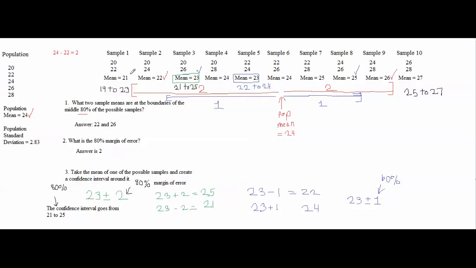Let's look at an example. What if I used 22 right here, which is below the middle 60%? The 60% confidence interval goes from 21 to 23 when I'm adding and subtracting the 60% margin of error.